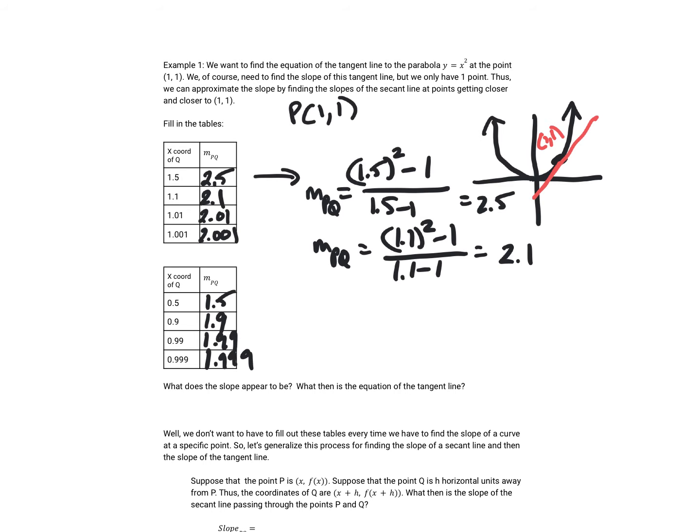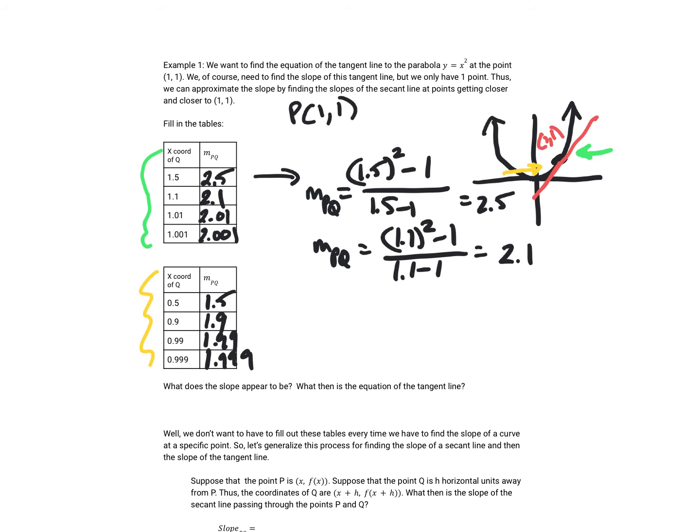So notice the Q values we put in this upper table here were getting closer and closer to 1 from the right side, or from above it, and in this lower table, the x coordinate of Q was getting closer and closer to 1 coming from below it, or from the left side.